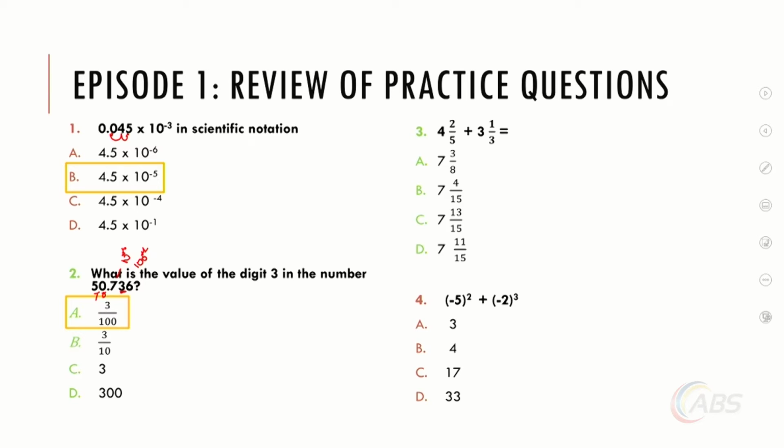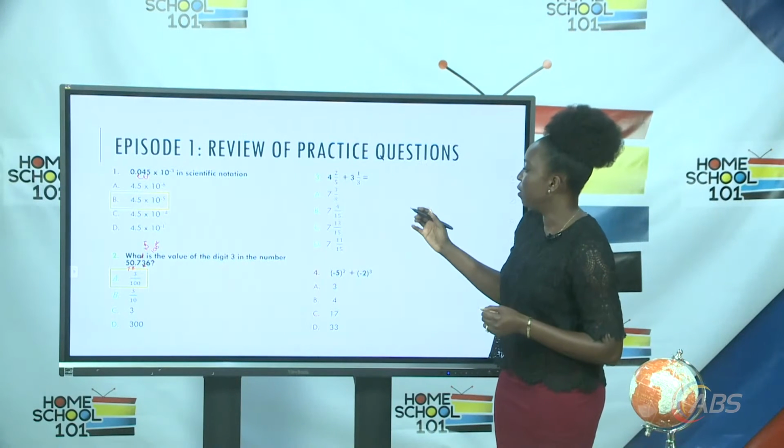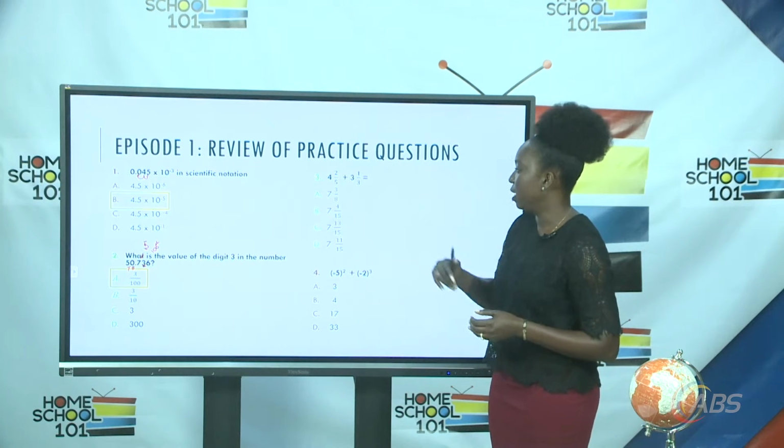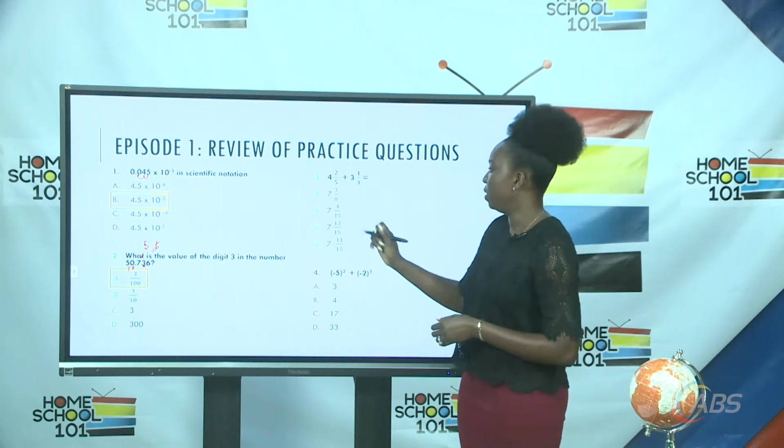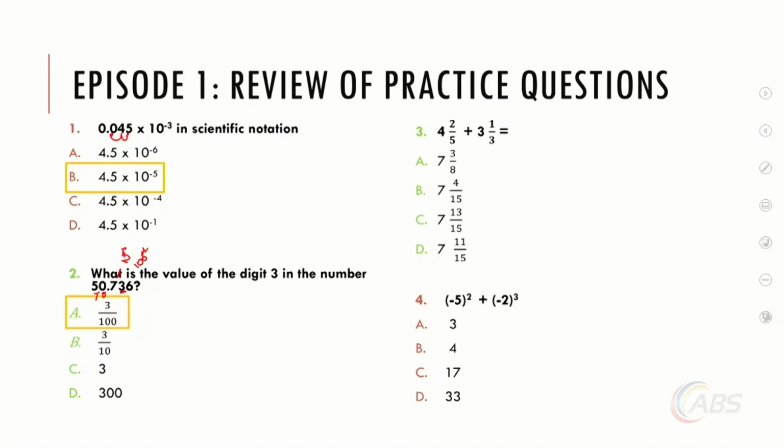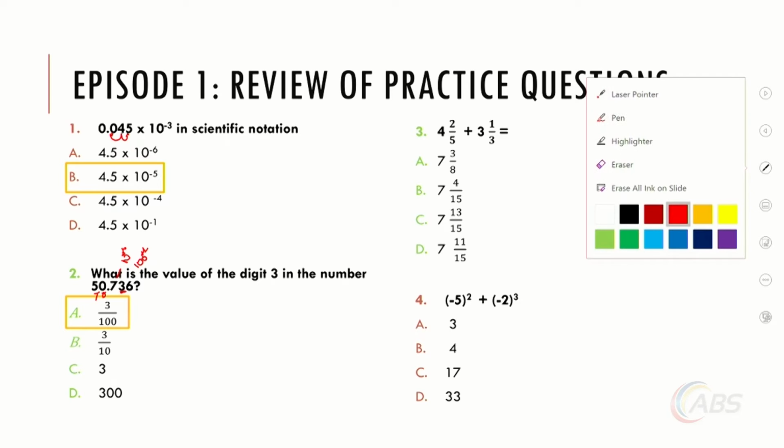Question 3, 4 2/5 plus 3 1/3 is equal to. I know that most students may want to change these mixed numbers into improper fractions, but we're not going to do that. In addition, as some of us might have learned, we can add the whole numbers and then work on the fractional part.